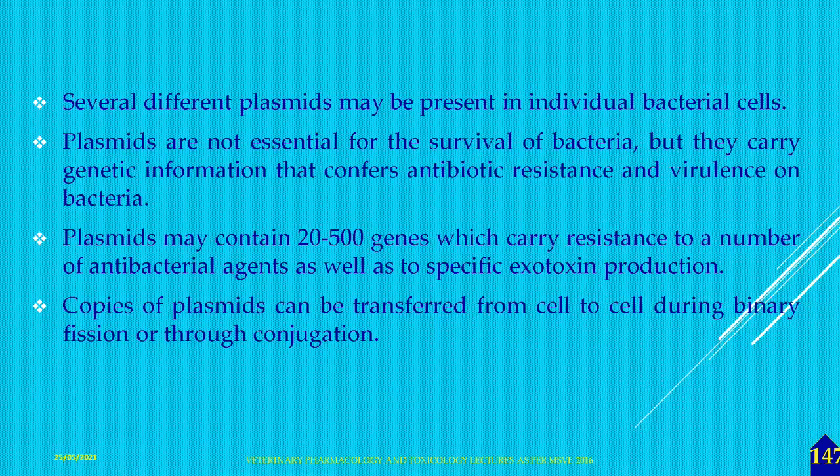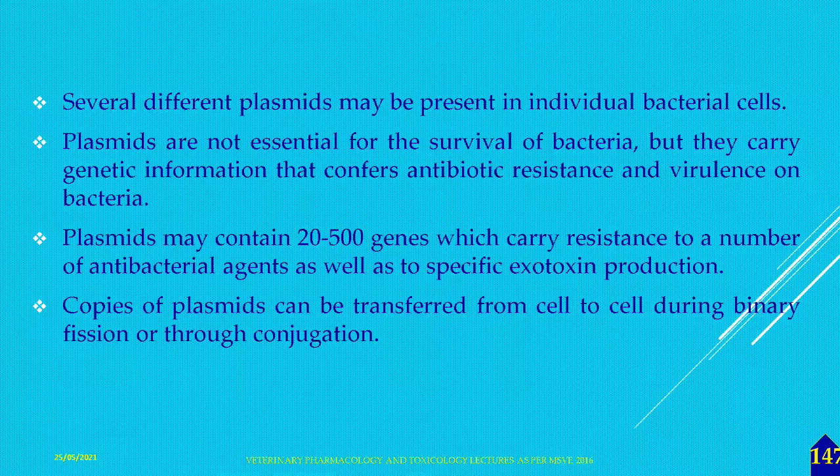So they are very important for the transmission of resistance, and plasmid-mediated resistance is very difficult to combat. Plasmids may contain about 20 to 500 genes which carry resistance to a number of antibacterial agents as well as specific exotoxin production.